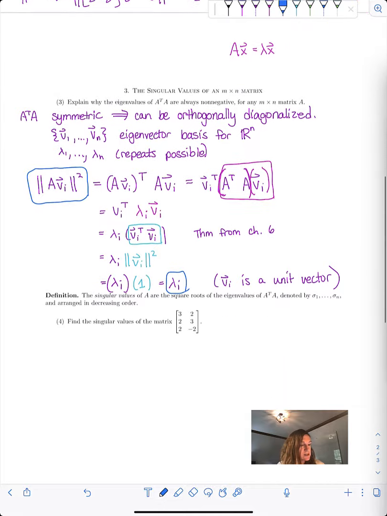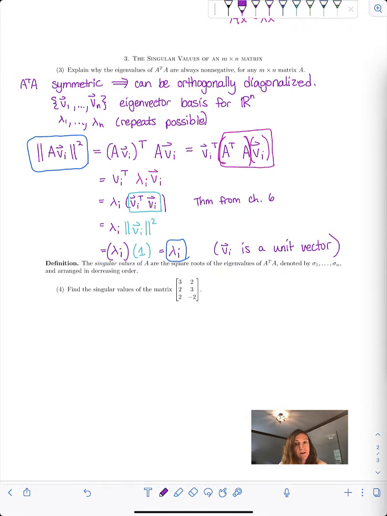Okay, so since they're non-negative, we can take their square roots. And so the square roots of the eigenvalues of A transpose A, which in our particular example were 25 and 9, are the singular values.